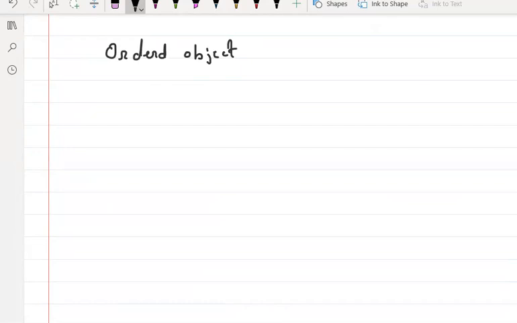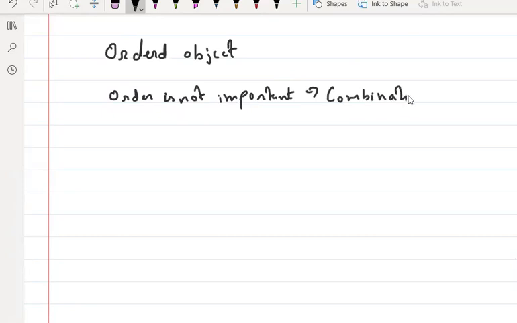If order is important, use what? Permutation or combination? Permutation. Yes, very good. But if order is not important, then combination. Very good. Got the difference?